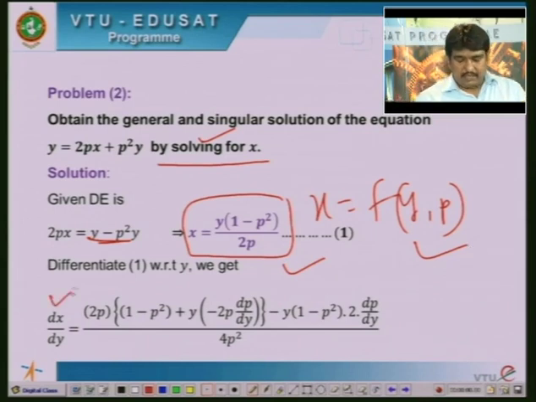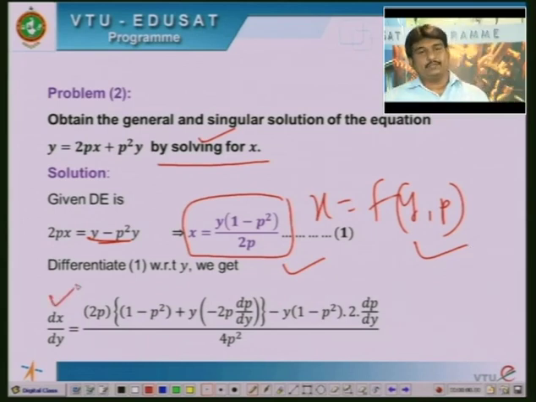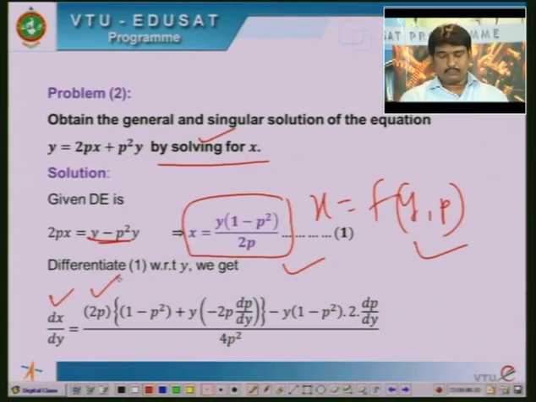So on the left hand side, the derivative of x with respect to y is dx by dy. Now apply the quotient rule, u by v rule: the denominator, which is 2p, into the derivative of the numerator. But the numerator contains a product of two terms, that is y into 1 minus p square, so you have to apply the product rule internally here. The first function is 1 minus p square, the derivative of y is 1, plus the first function y as it is, into the differentiation of the second function.